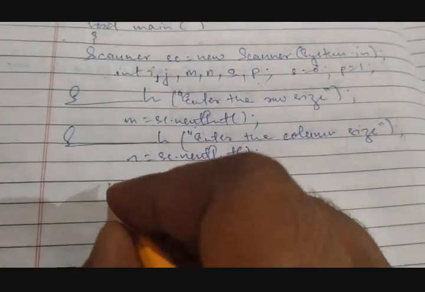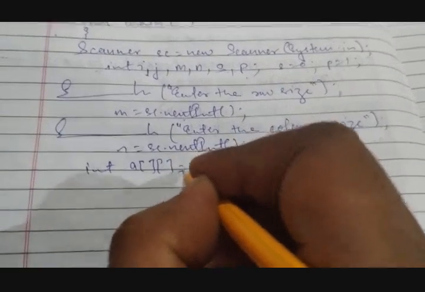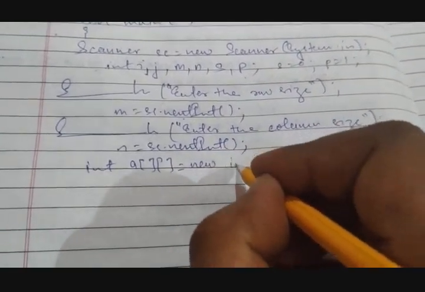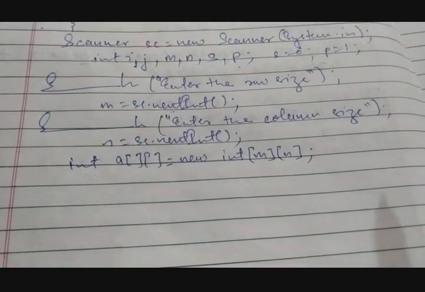Create an array: int array equals new int[m][n]. You got the two dimensions m and n.